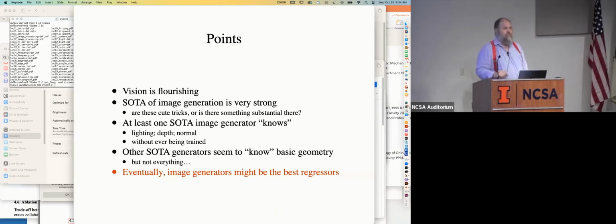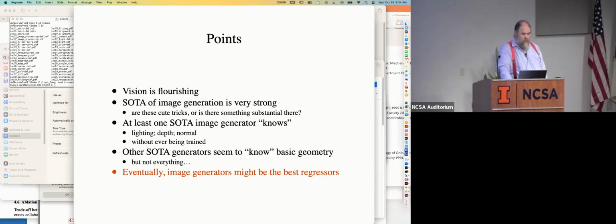So it may be the case that in the coming future, the way to actually predict depth, normal, albedo, all this stuff is to persuade an image generator to generate the image that you've got and then beat depth, normal, albedo information out of that.